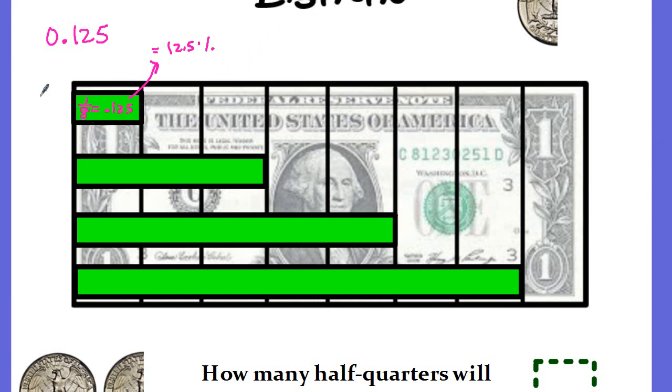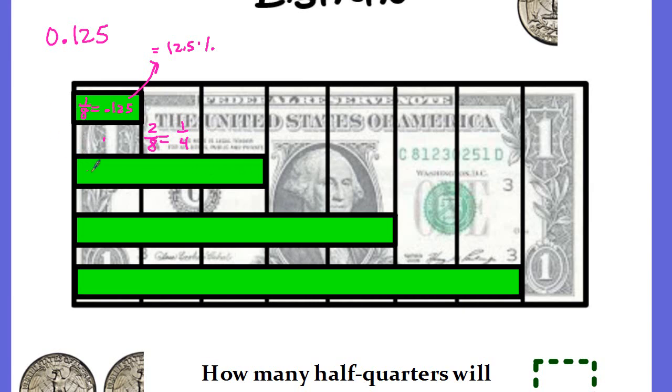Okay, so what happens if I shade another one? I don't have a square here, but if I have 1/8 and I add another 1/8 for 2/8, that simplifies to 1/4. And you should know what that is. 1/4 is 25 cents, 25%.